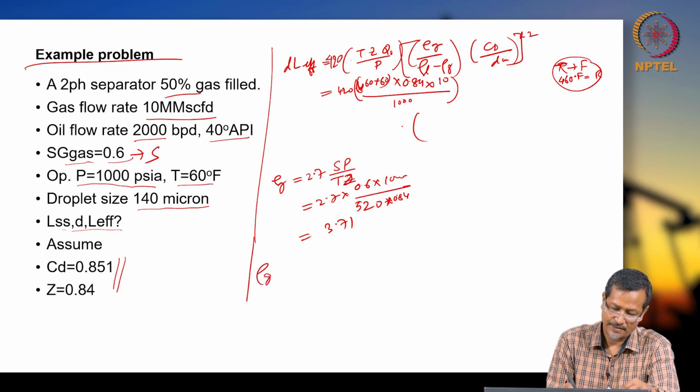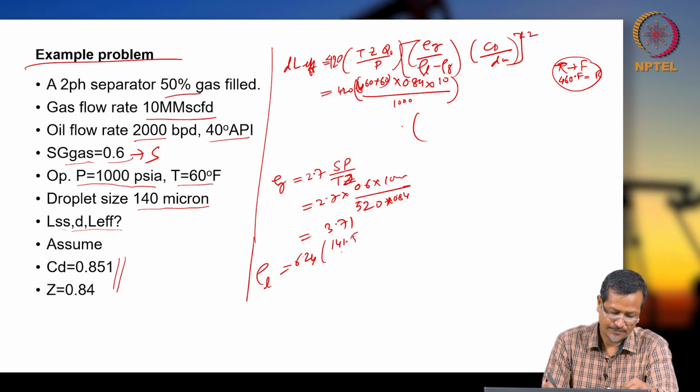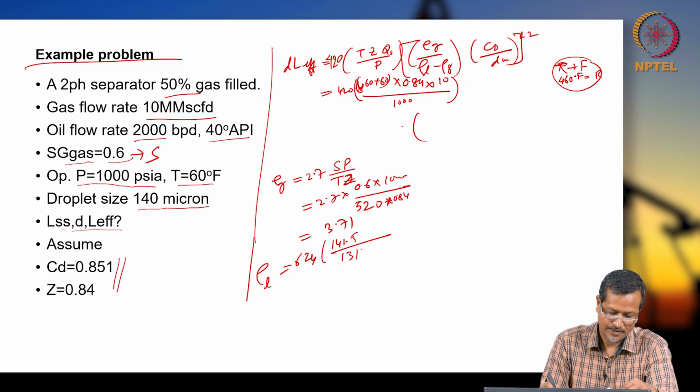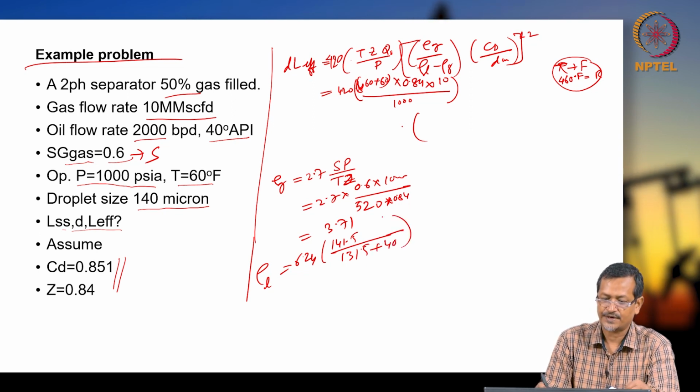And rho L is 62.4 times 141.5 divided by 131.5 plus 40, with 40 degree API already given.